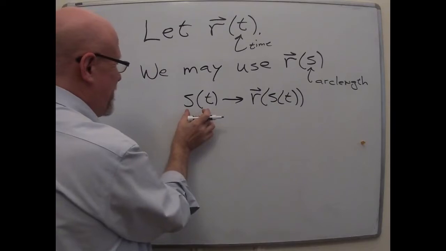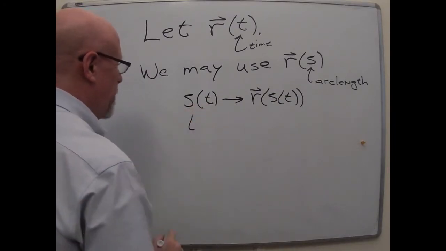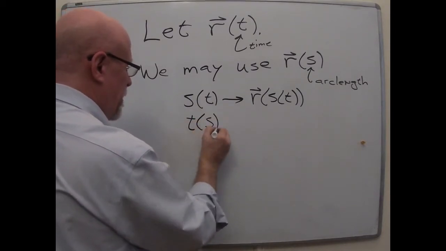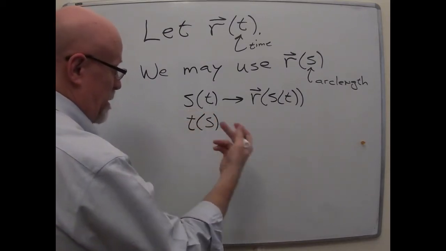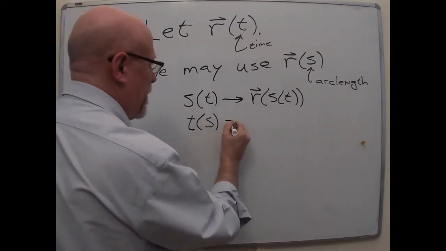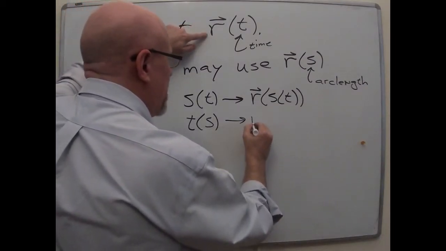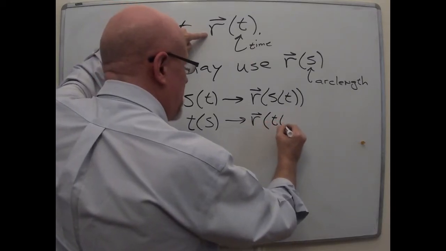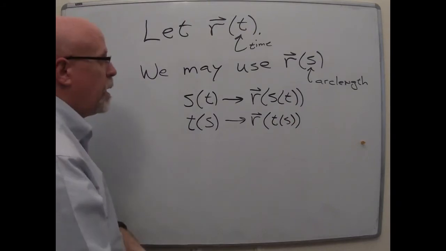When you're just using the name of the function as the output variable, there's a cute way to think about finding the inverse. You just write t of s. s of t is the function, t of s is the inverse. It's kind of cool, but what does that mean? That means that you could take r of t here, that version of things, and compose it with t of s, and you've converted it to that version of things.